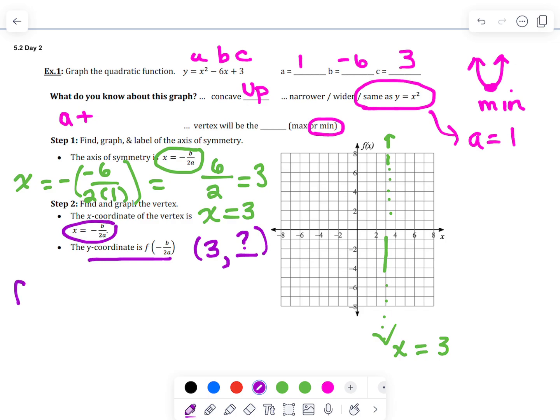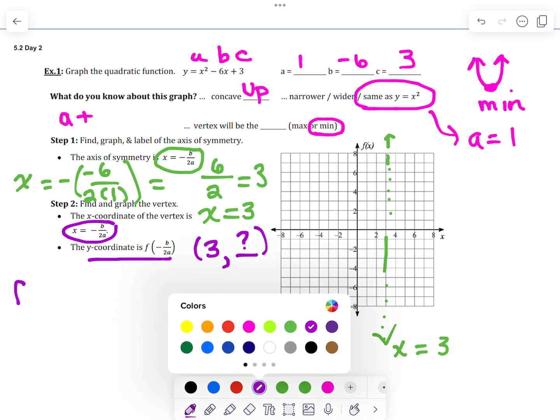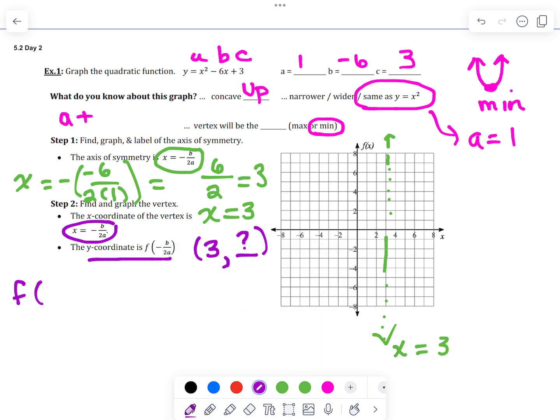So we say f of 3. And we substitute that in for x, so we replace the first x with 3, the second x with 3, and then we simplify it with our order of operations.